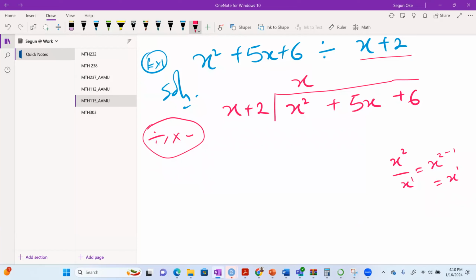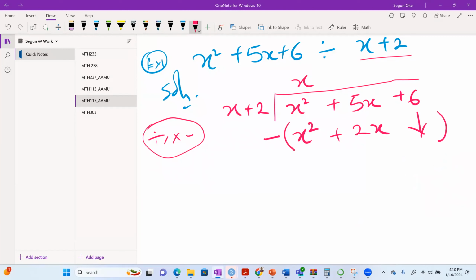That is x multiplied by x, we have x squared. Open this bracket because you are going to minus it. X multiplied by x, you have x squared. Then x multiplied by 2, you have plus 2x. So you close the bracket.